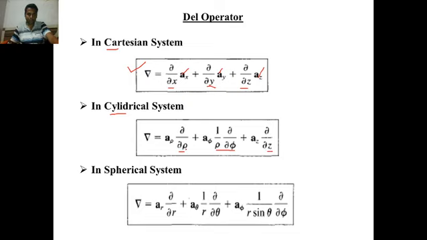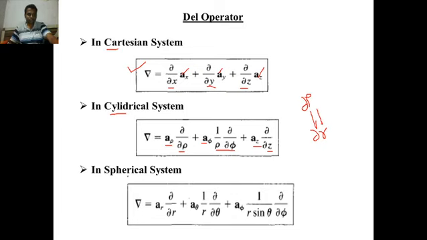You can write dr like this, or here they have written d rho like this, both are the same. So what are the three differential lengths in the cylindrical system? Dr, r d phi, dz. In this way, you only have to attach the three unit vectors, ar cap, a phi cap and az cap. This way you can memorize this formula.